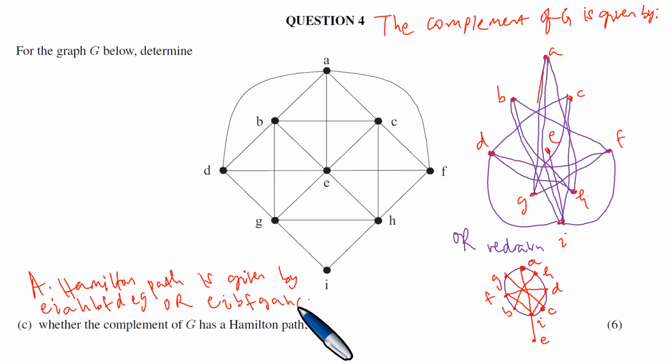So a Hamilton path is given by, let's look at the first one, E, I, A, H, B, F, D, C, G, or E, I, B, F, G, A, H, D, C, etc.